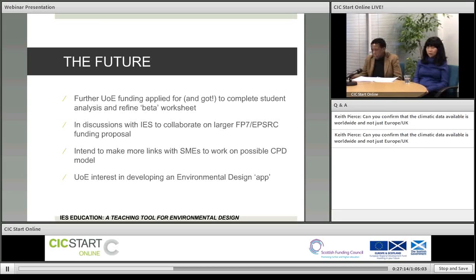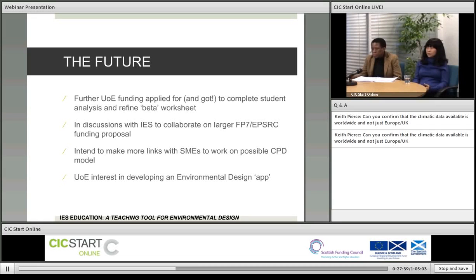But as I said, we are in further discussions with IES to look at larger funding, possibly FP7, which is a European funding stream, or the EPSRC, the Engineering and Physical Sciences Research Council in the UK. A knowledge exchange project is being talked about as well.